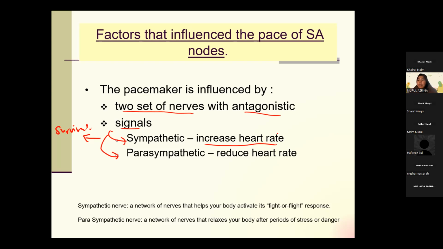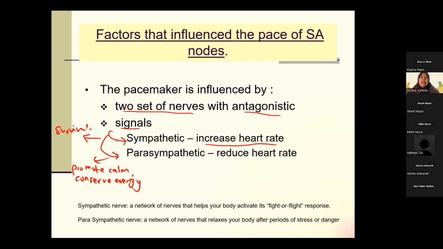Okay. As for the parasympathetic nerve, it is a network of nerves that relaxes your body after a period of stress or danger. Or in other words, the parasympathetic nerve promotes calmness. Promotes calm, what else? Conservation of energy. So all of this is the parasympathetic nerve.